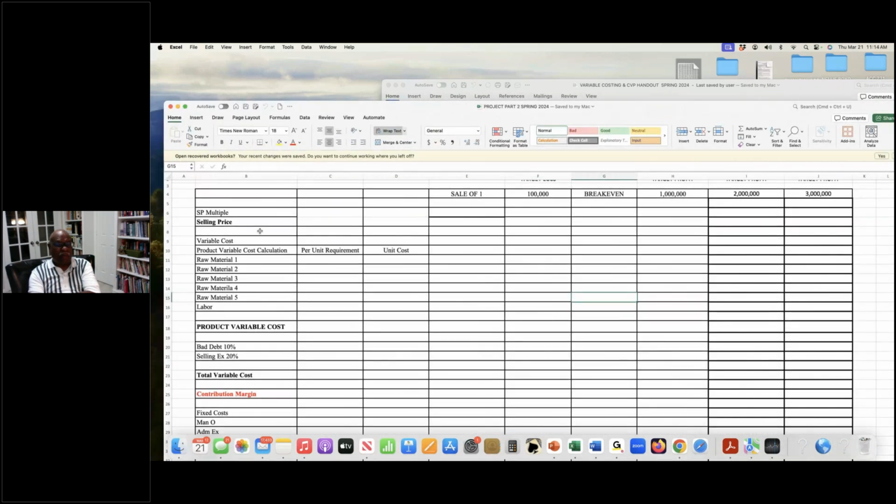If we're selling 1, we said the selling price is 2,500. So we always look at what happens if we sell 1. Selling price 2,500. We only have 1 raw material that we're using, and where we have it slated now, we have 1 unit of raw material.